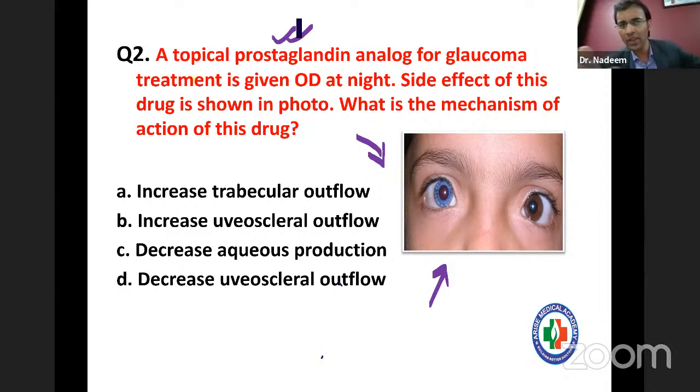Even if prostaglandin analog was not mentioned in the question, on the basis of this side effect you could have solved this question. So first of all, tell me, what do you see in this picture?